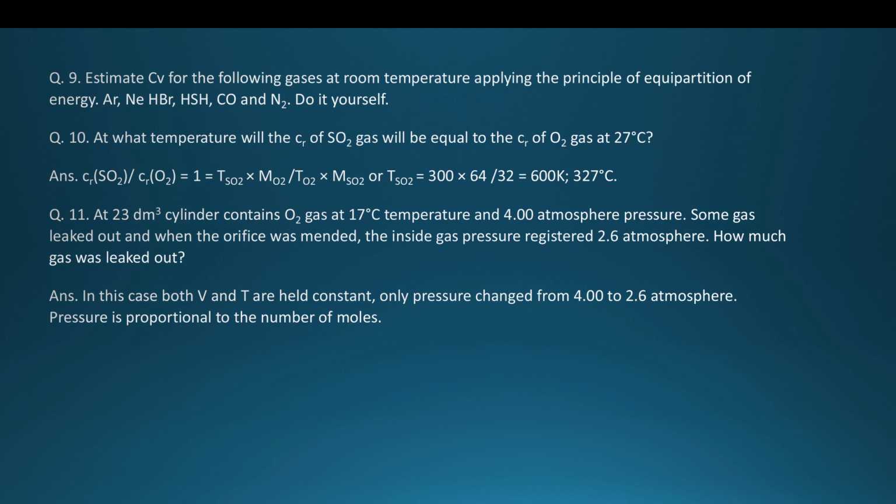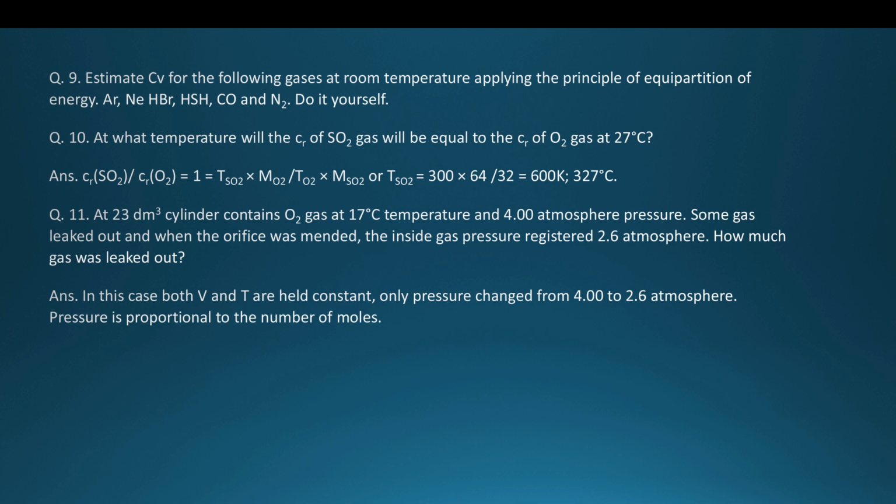The question is solved like this. Cv of SO2 equals Cv of O2, which is given by temperature for SO2 over molar mass of SO2 divided by temperature for O2 over molar mass of O2. In this manner we obtain the temperature value as 600 Kelvin, 327 degrees Celsius.